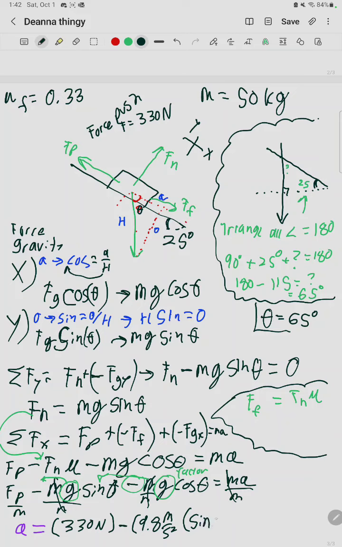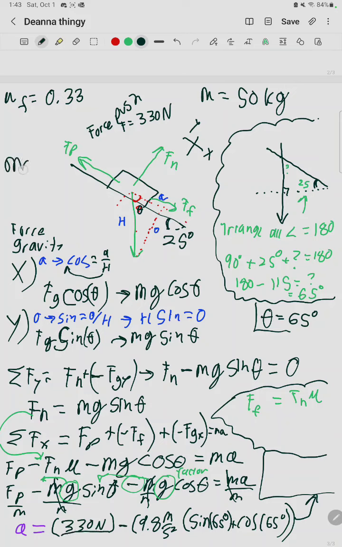Sine 65 degrees plus cosine 65 degrees, which I'm just plugging into my calculator. Oh, divided by m here.